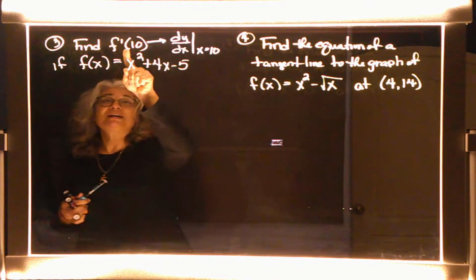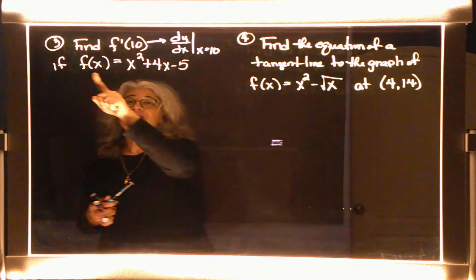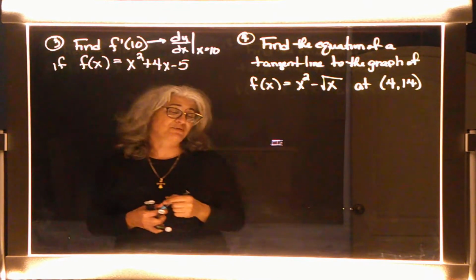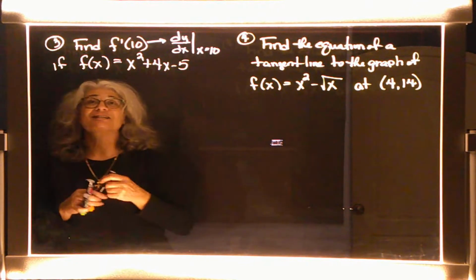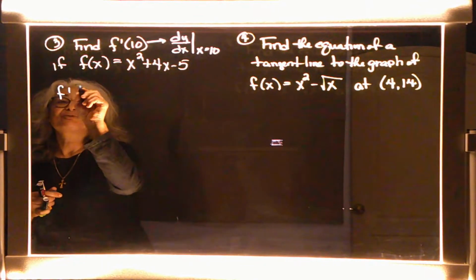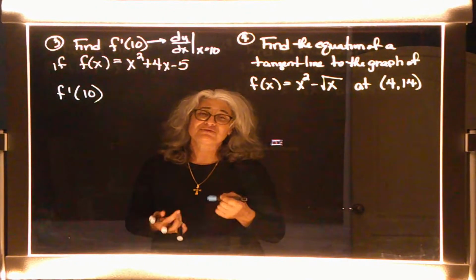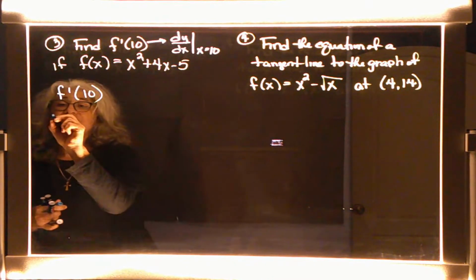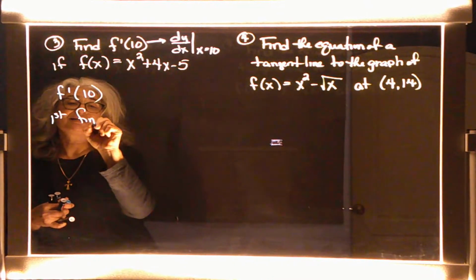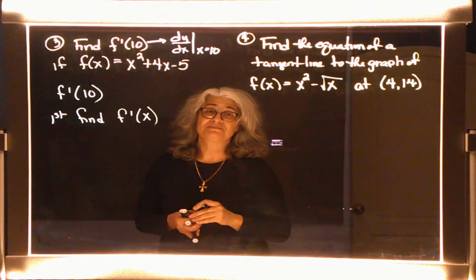They say to find the derivative of the function at x equals 10 if the function is x squared plus 4x minus 5. So, in order to find the derivative of the function at 10, what do you think you've got to do first? Yeah, first you actually have to find the derivative. So first find the derivative of the function, right?